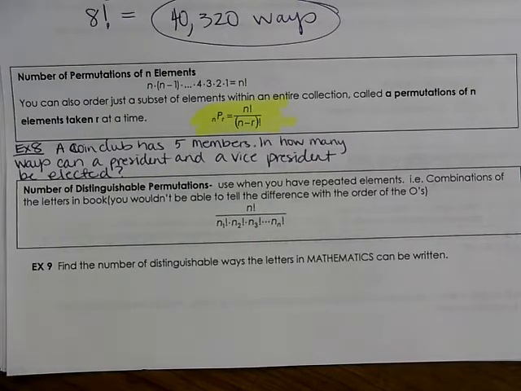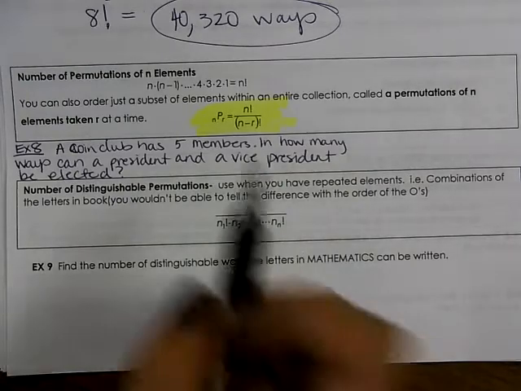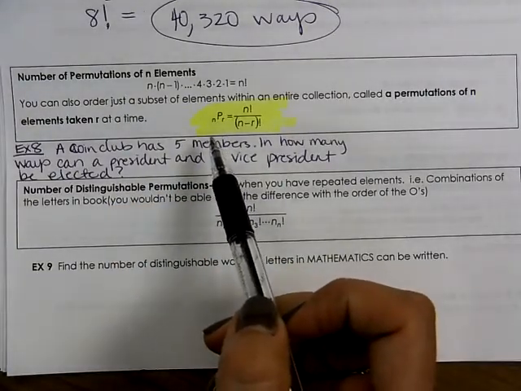It would take forever. Okay, so you have 5 people to choose from, but you're filling these 2 positions. Do you see why order matters? Once you fill the president's position, there's only 4 possibilities left, aren't there? So this is the case where you're going to use the permutation, selecting n number, r number of elements.